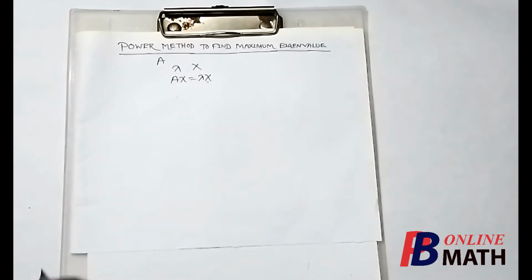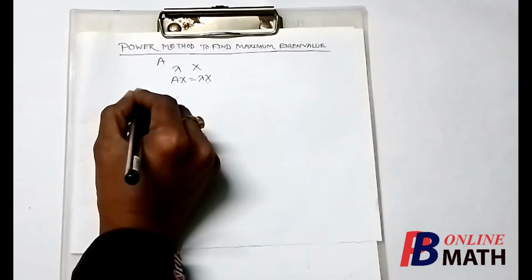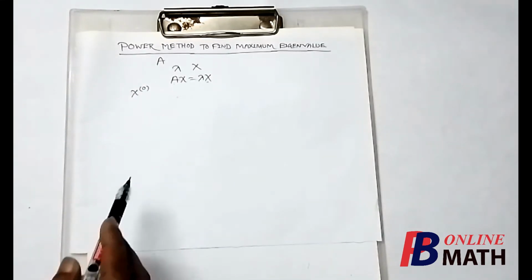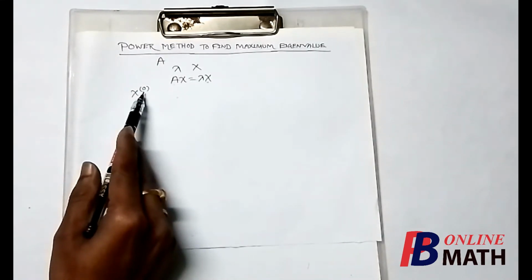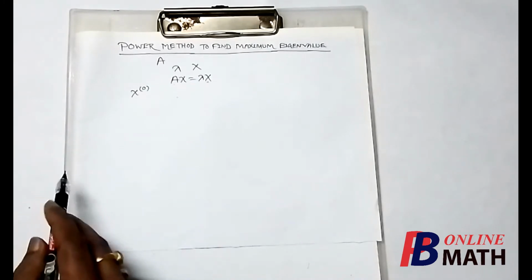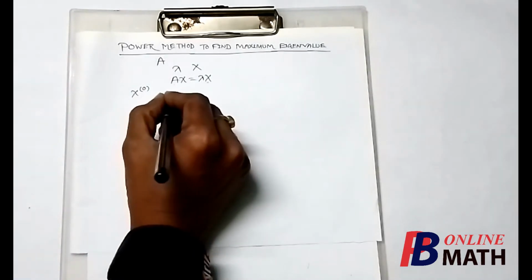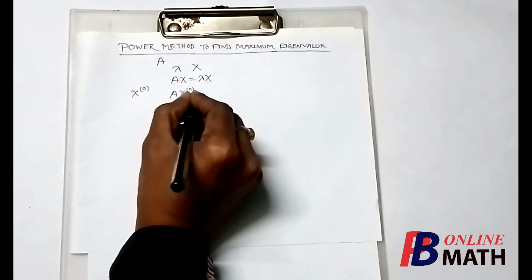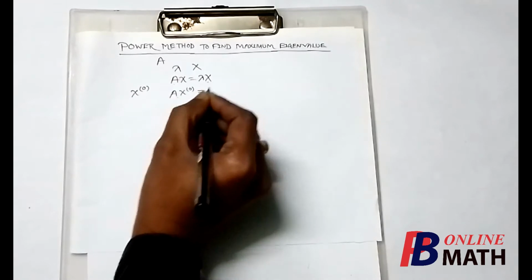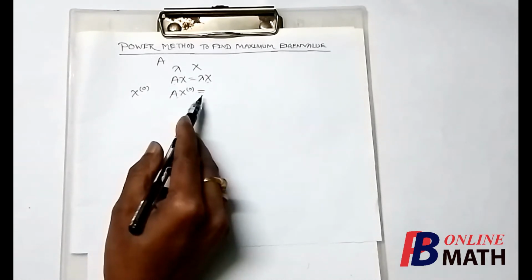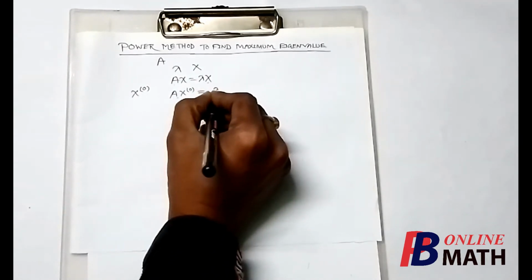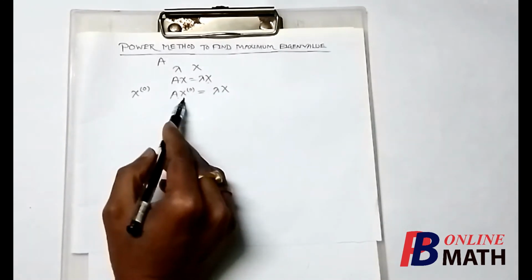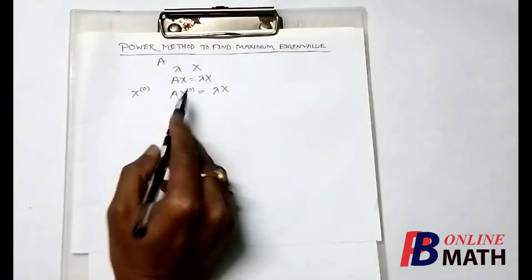So let us assume that x0 is the initial approximation of the eigenvector. If we multiply the matrix A by this eigenvector, Ax0, the product will be something like lambda times x.